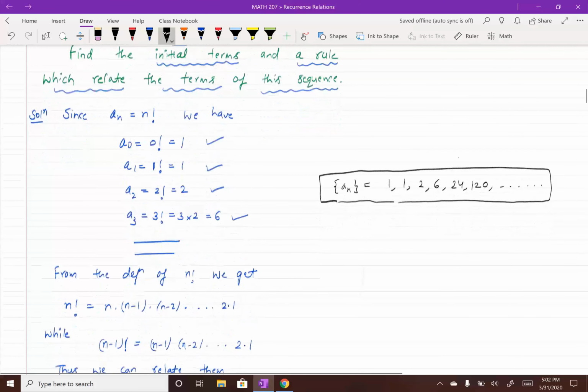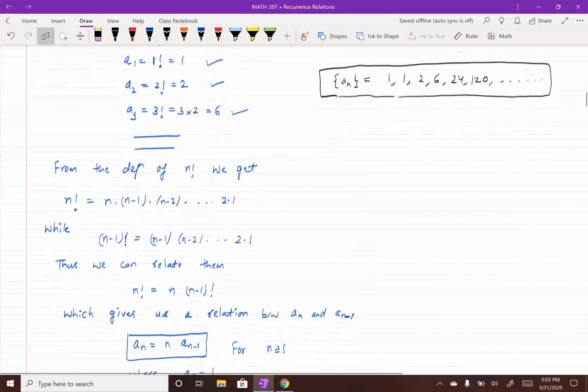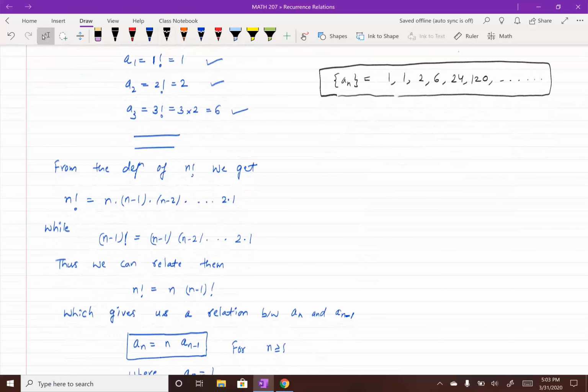Okay, and then you can apply the definition of n factorial. So from the definition of n factorial, you can say n factorial is basically the product of n and all preceding terms all the way up to 1. Similarly, we can define n minus 1 factorial as the product of n minus 1 times n minus 2 all the way up to 1. And then we can relate these two, 1 and 2.